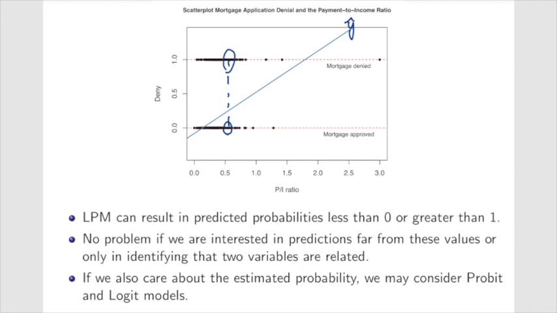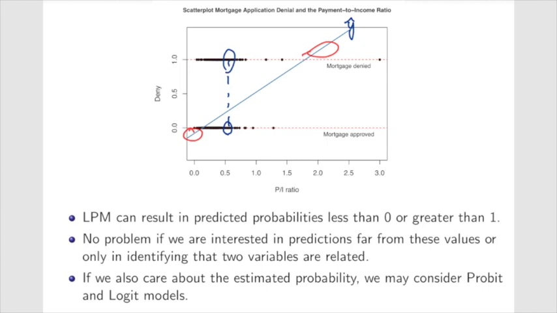Notice that the predicted probability can be less than 0 or larger than 1. It is not a big problem if we are interested in the predictions far away from these two extreme values, or we are only interested in identifying that PI ratio and the mortgage denial decisions are related.